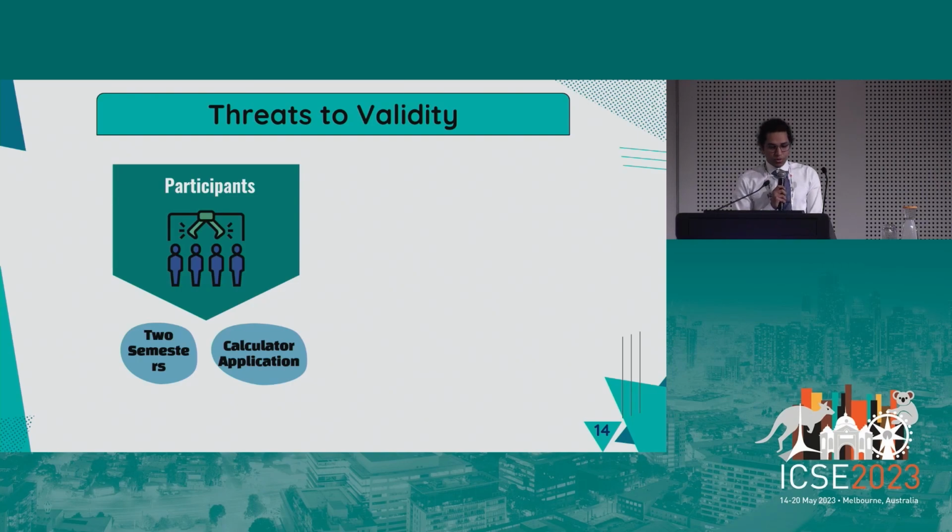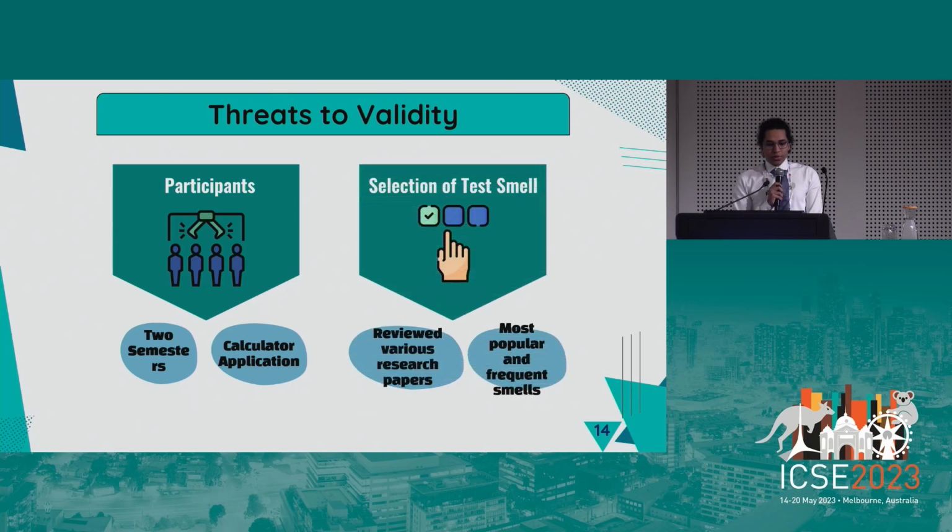To select the test smells, we reviewed previous research papers and looked into the most popular and frequent smells, and we found that assertion related and eager test are the most frequent and used test smells.